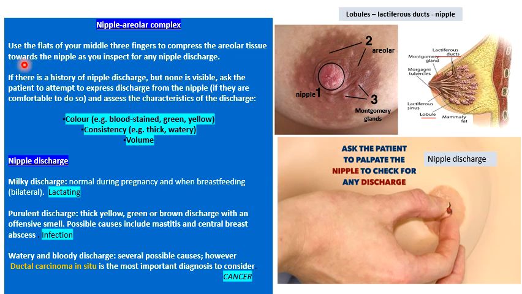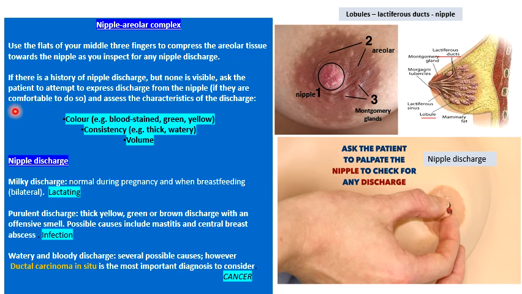Now, how to examine a patient with nipple discharge? Use the flat of your middle three fingers to compress the areola towards the nipple as you inspect for any discharge, as shown here. Try to compress and see whether there's any discharge.